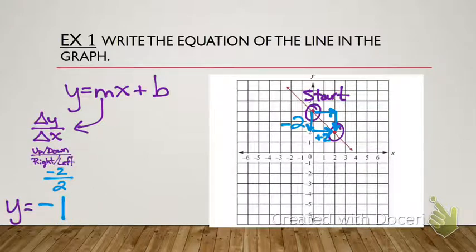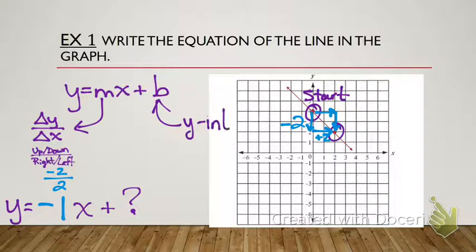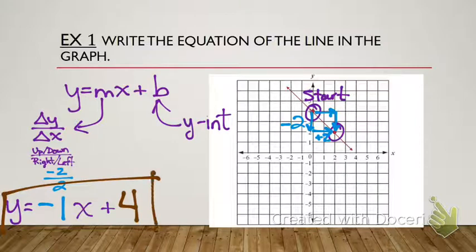We're looking at y equals -1x, but then we have to say plus, we called it magic number last week, but now we're realizing it's wherever we cross the y-axis, the y-intercept. Because it clearly crosses at 4, that 4 becomes our magic number, and we've got the equation of our line.